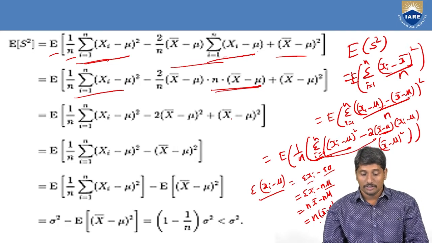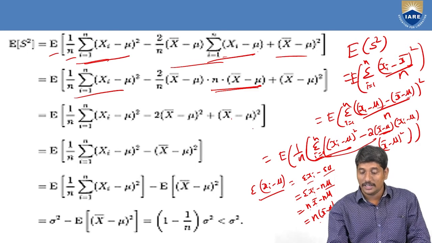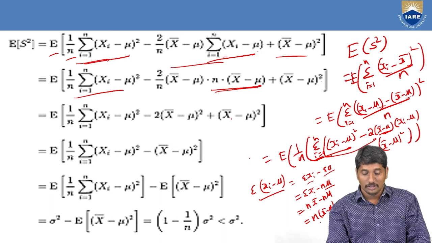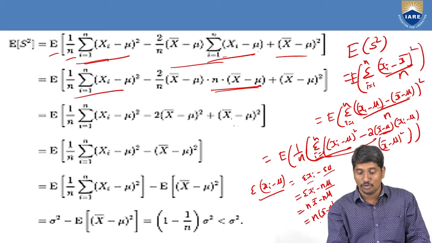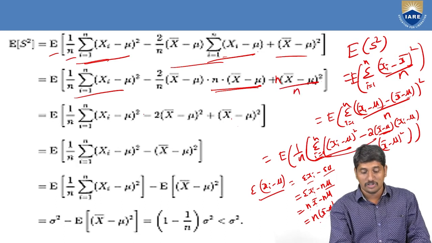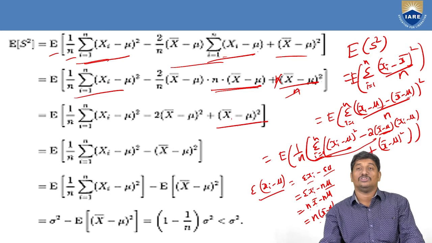So after separating the summation, we got this, and the summation of (x bar minus mu) whole square gives us (x bar minus mu) whole square into n by n, because the 1 by n is separated, n cancels, and hence we get this step.